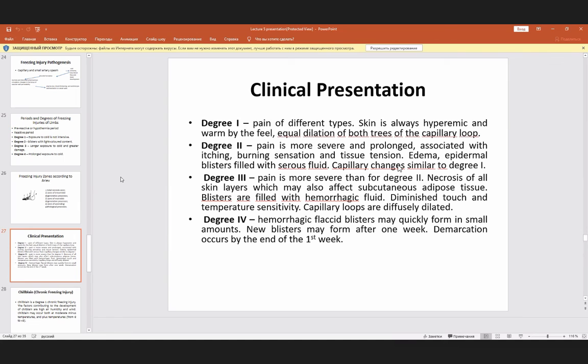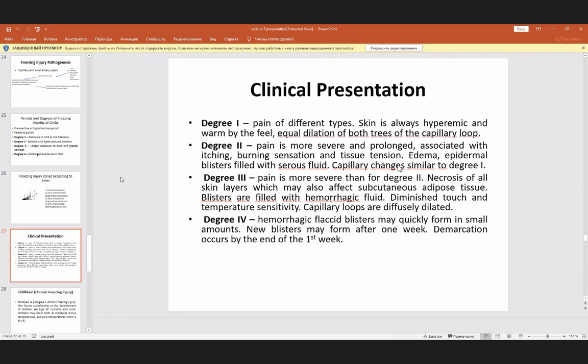Clinical presentation. Degree 1, pain of different types. Skin is always hyperemic and warm to the feel, with dilation of the capillary loop.